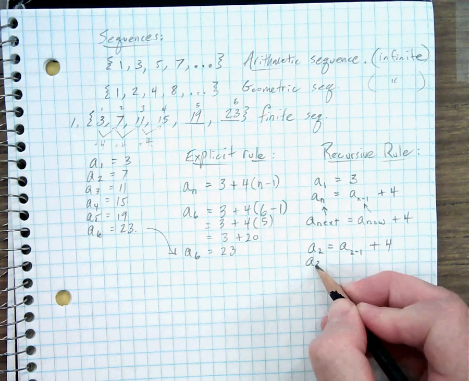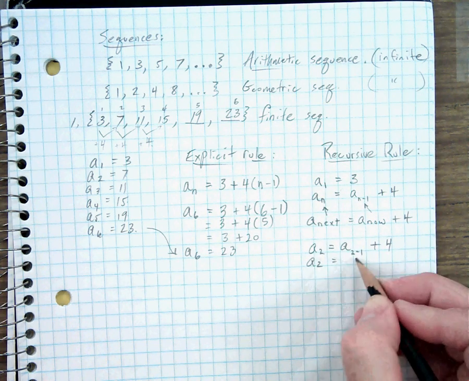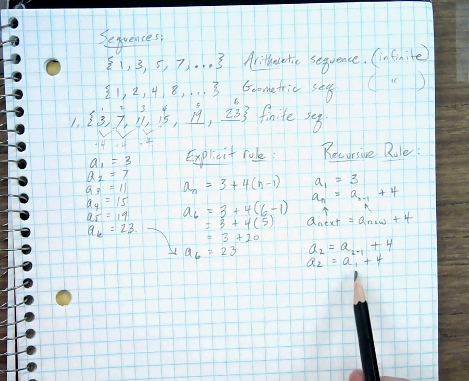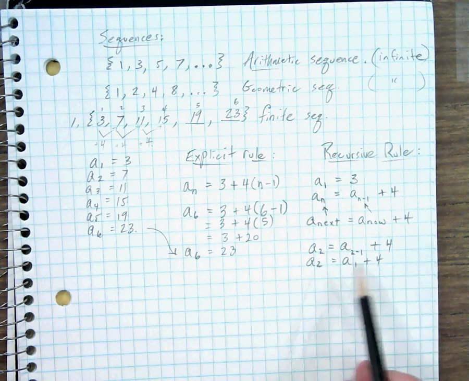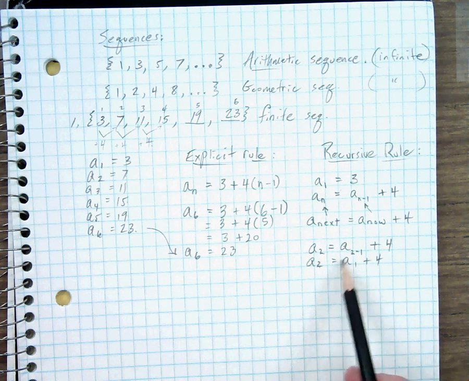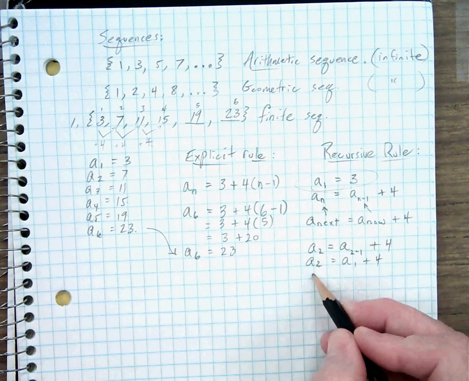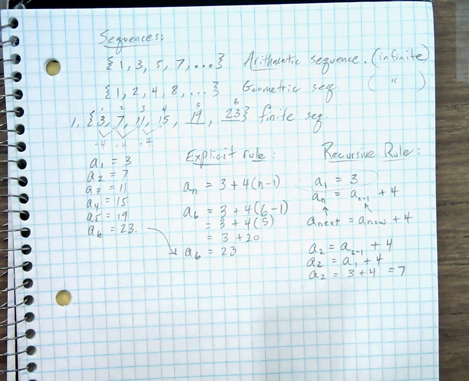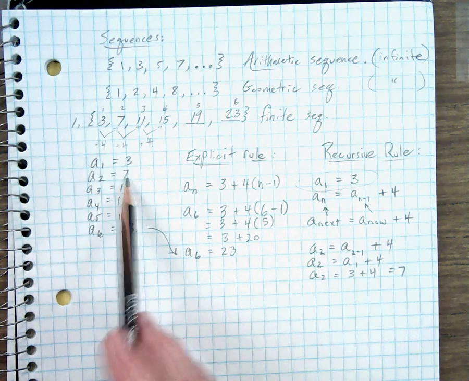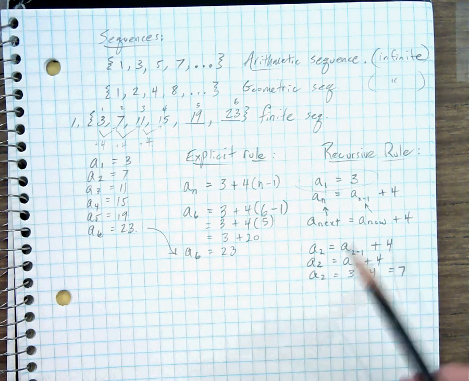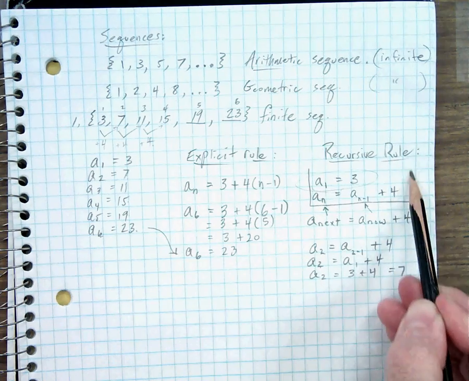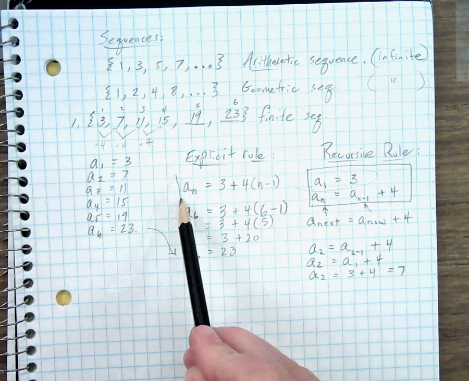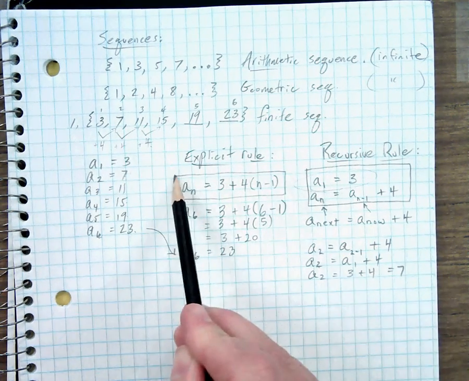Well, to simplify it a little bit, a sub 2 equals a sub 1 plus 4. So it's saying, if you want a sub 2, take a sub 1 and add 4 to it. Well, what is a sub 1? Well, it's right there, it's 3. So a sub 2 is 3 plus 4, which is 7, and as you can see over here, that is correct. So this is the recursive rule for this particular sequence, and this is the explicit rule.